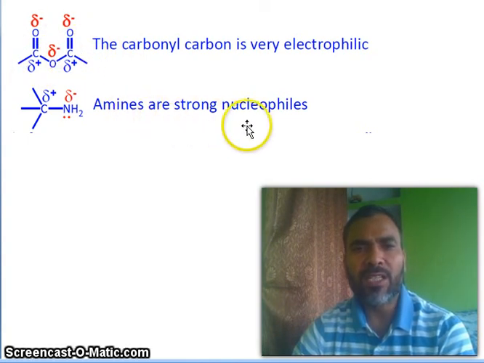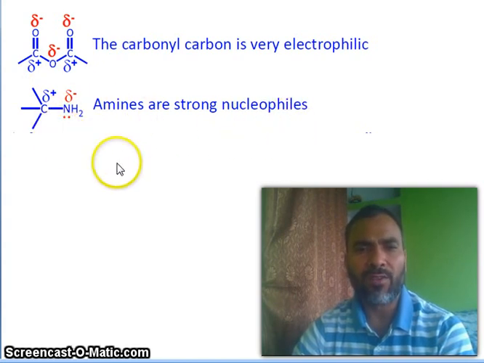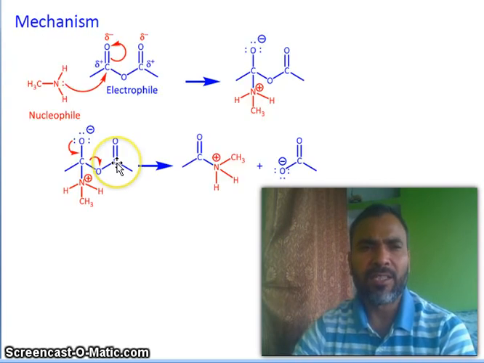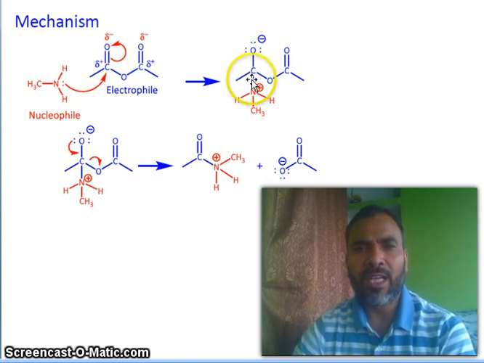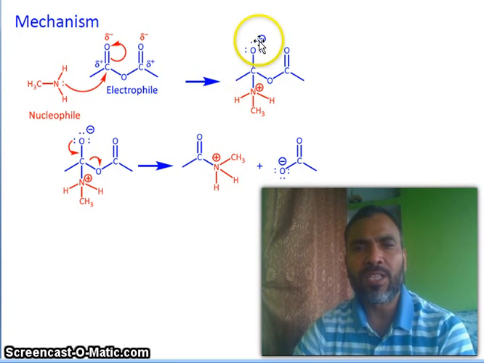Now amines are strong nucleophiles. This one is a strong nucleophile. So what will happen? This nucleophile attacks this electrophile, forming a carbon-nitrogen single bond. So nitrogen now has four bonds and a positive charge, and oxygen has a single bond, so a negative charge.